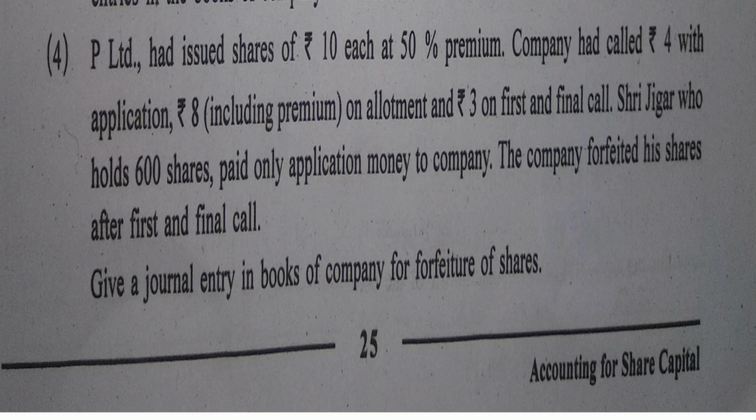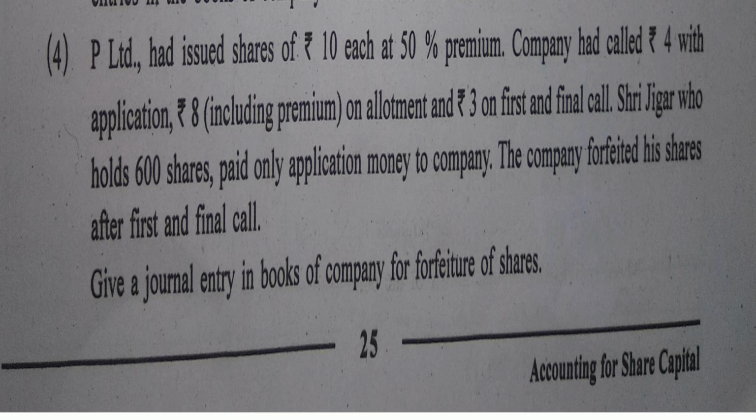Further, the company had called rupees 4 with application, rupees 8 including premium on allotment, and rupees 3 on first and final call. You see, this way it is 15 rupees. Firstly 4, then plus 8, then 3. 4 plus 3 is 7 and 7 plus 8 is 15.